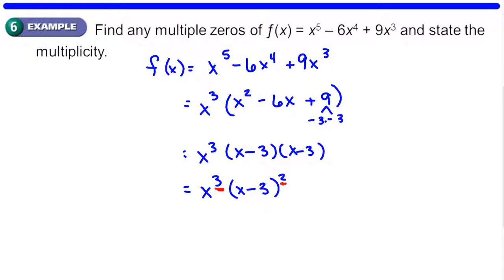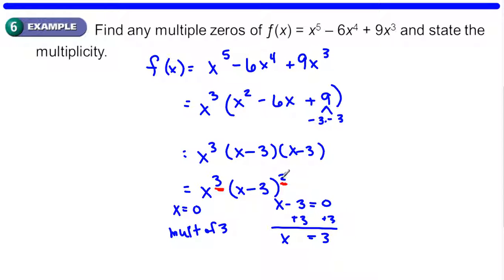And this one tells us we're going to have 2 zeros wherever this x is 0. So we set each of these equal to 0. X equals 0, x minus 3 equals 0. Add 3. And you have x is 3, and this one is x is 0. So x is 0 with a multiplicity, and I just abbreviate mult of 3. This one had a multiplicity of 2, so I put mult of 2.